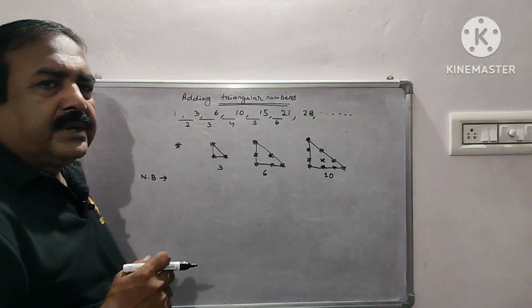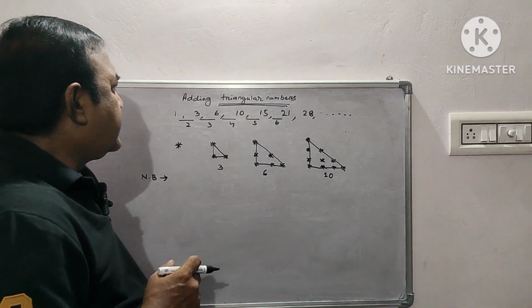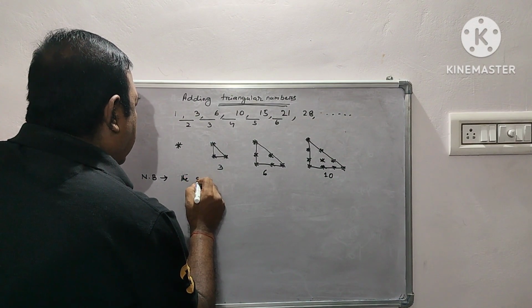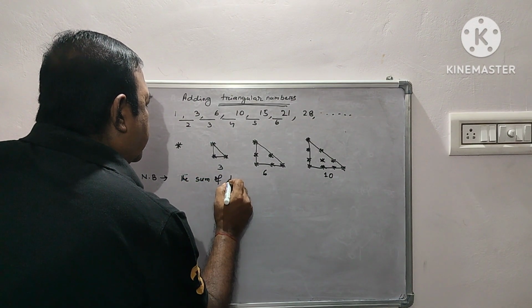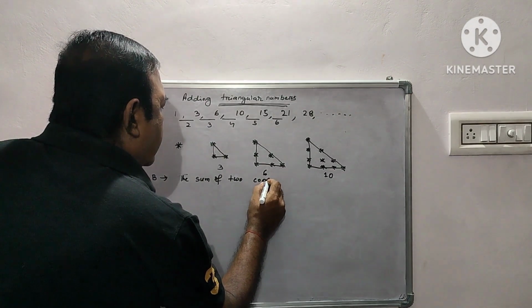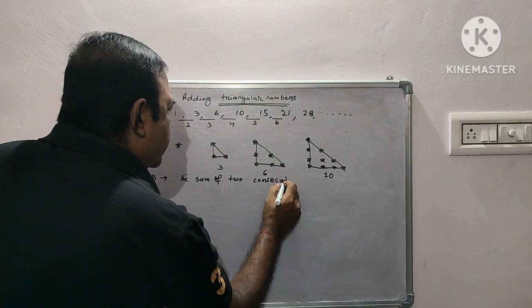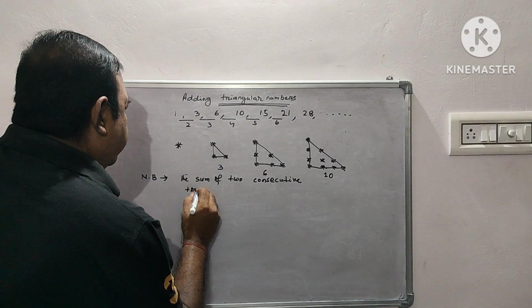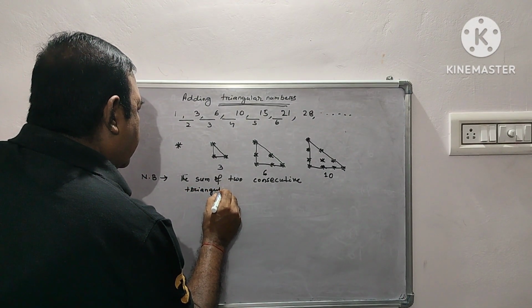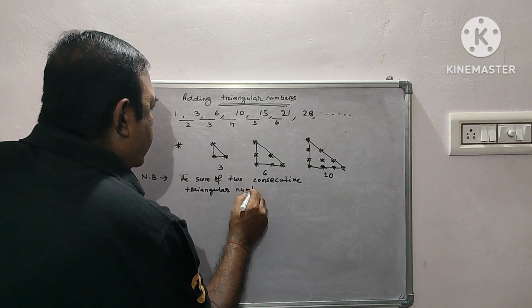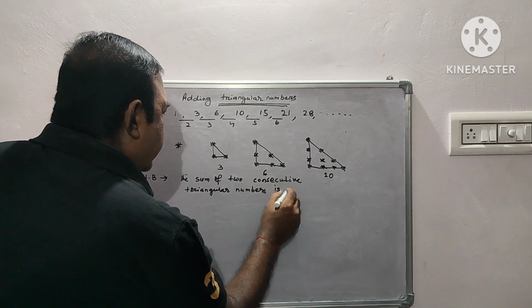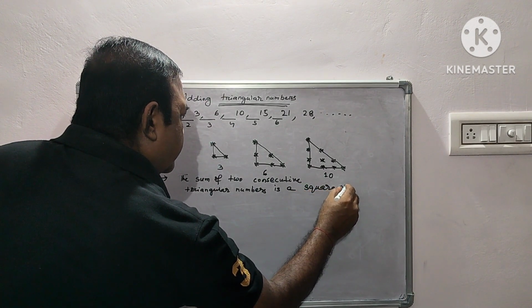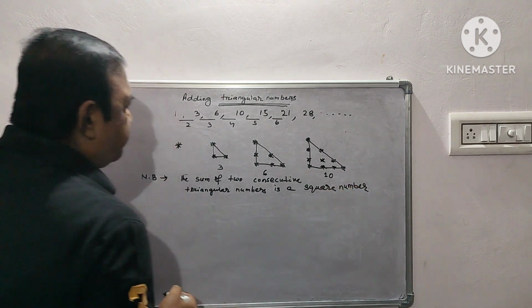These are the consecutive triangular numbers. So if you add them, we will get the sum, and the sum of two consecutive triangular numbers is a square number, or it is a perfect square.